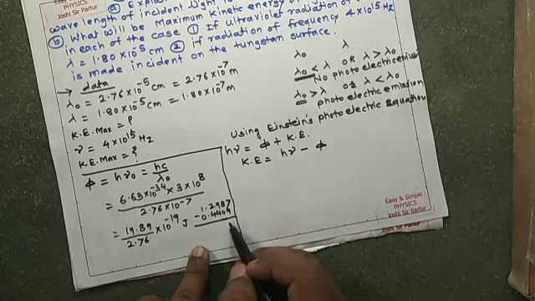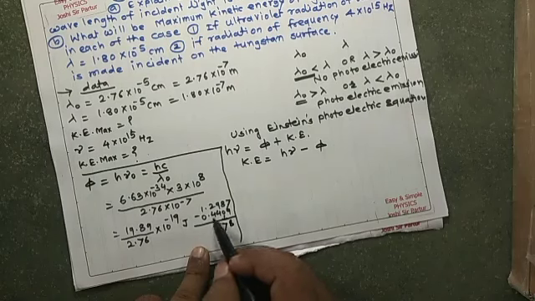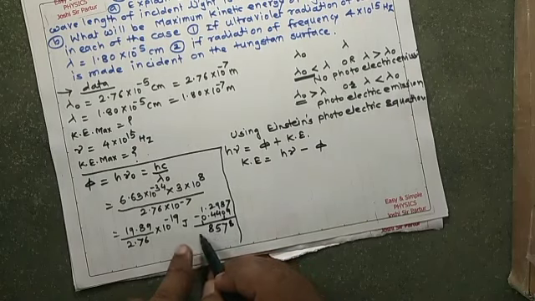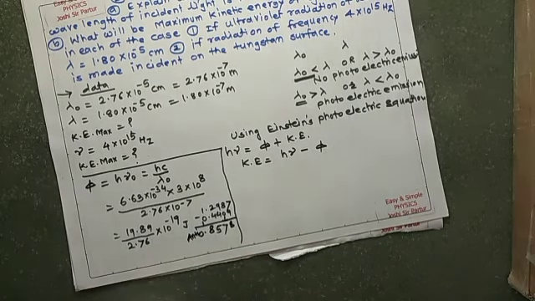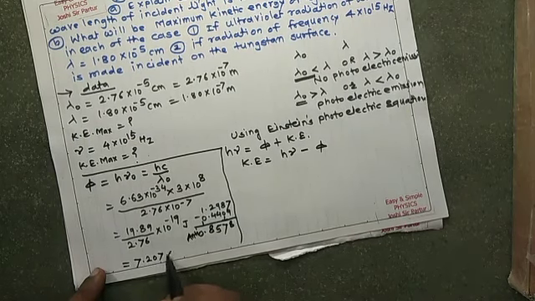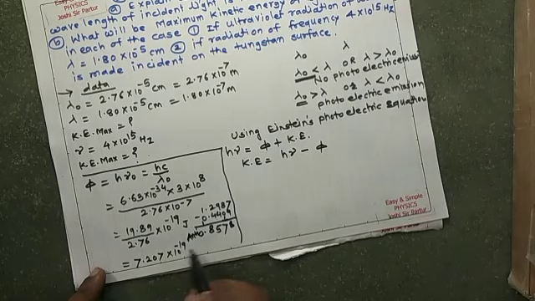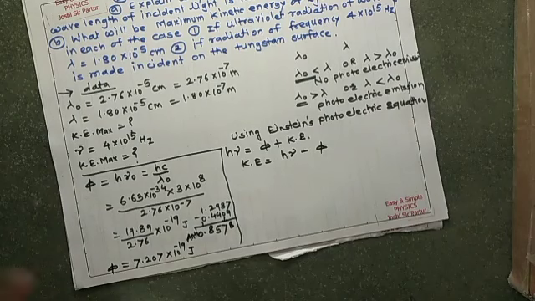Subtracting, the remaining is 0.85. So the antilog of 0.85 is 7.207 into 10 to the power minus 19 joule. That is the value for phi in joule.